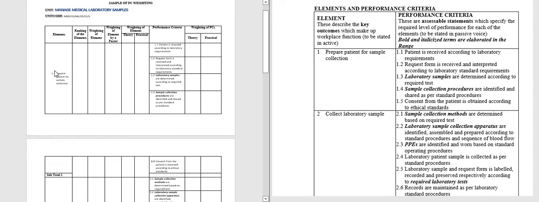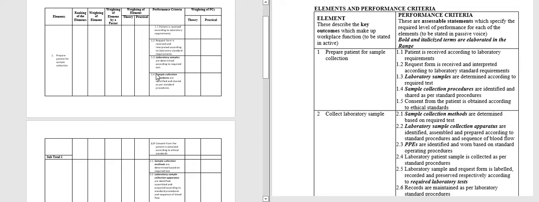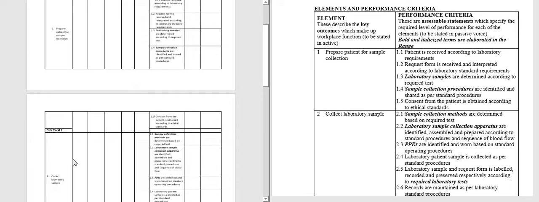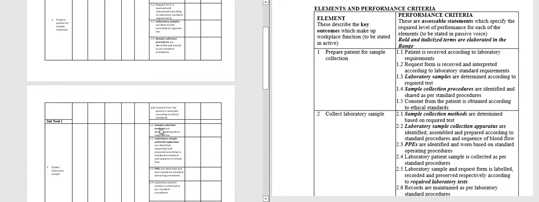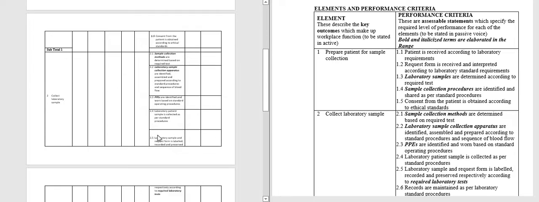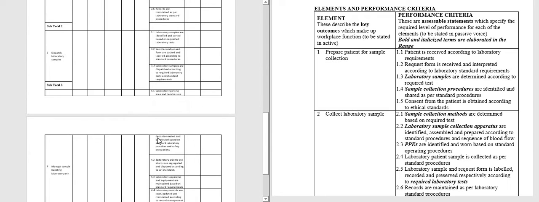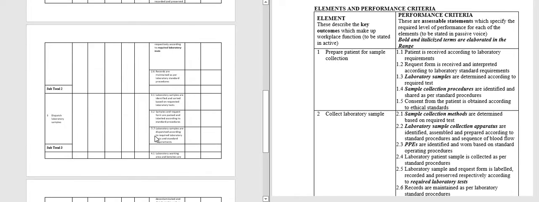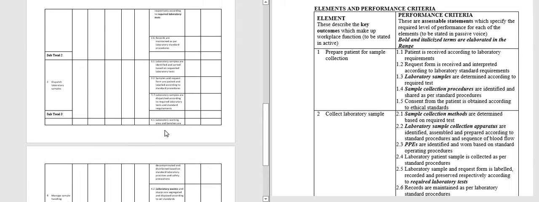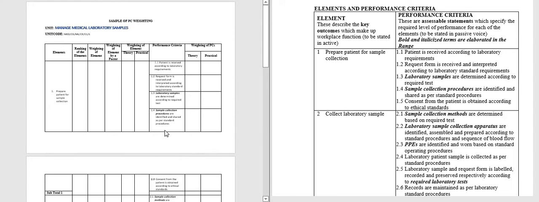You can see element 1 has all these that are here up to 1.5, element 2 from 2.1 sample collection. So just copy them here. I think it's a very easy task. Very easy task, like that. After you've done that, then it's very perfect.